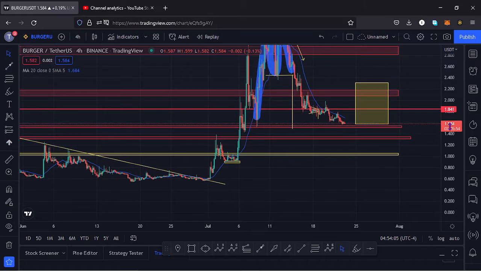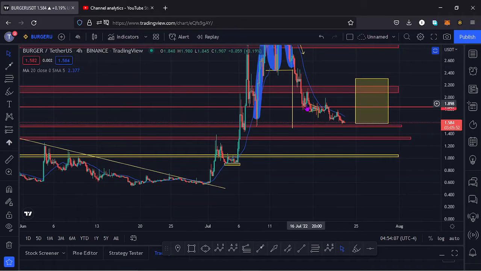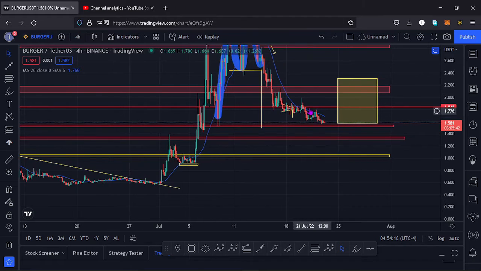And in that movement to the lower side, we have broken below key areas of support, even formed chart patterns like this descending triangle over here, which has broken to the lower side, lost a key area of support, and we are also trading below the 20-day MA and also the 9-day MA.